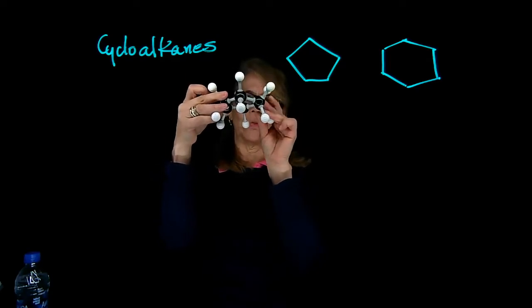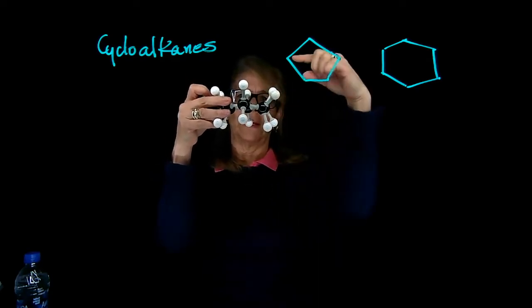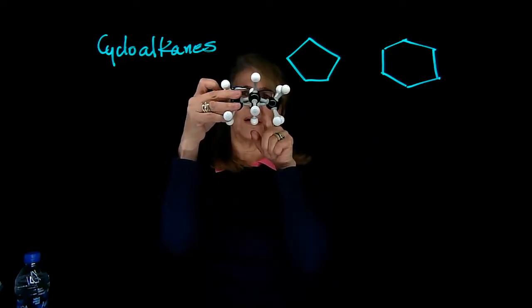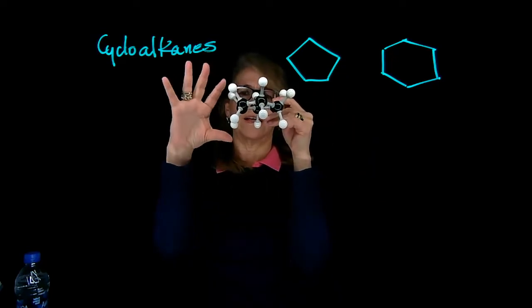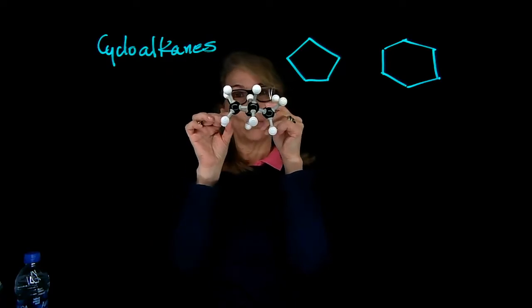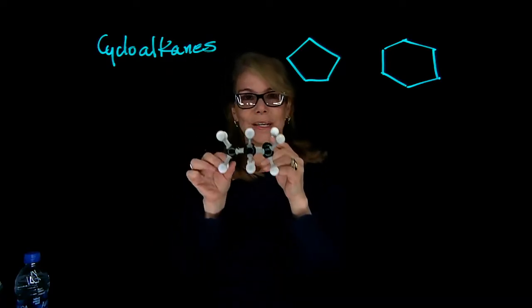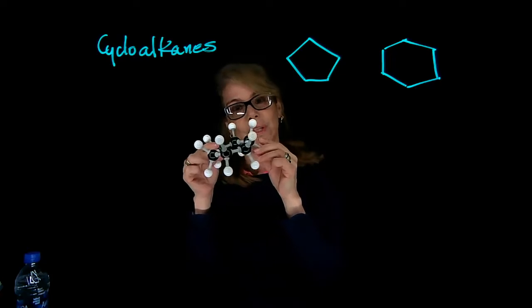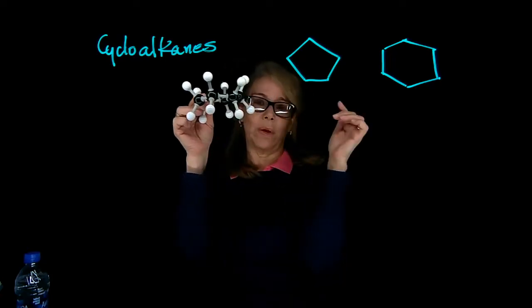We have a lot of those. And here we have this, and this one in the front, also eclipsing on this side. This is eclipsing this. So we have a lot of these interactions that are present in the eclipsing conformation when we did Newman. This, in fact, is a Newman, but of a chair.